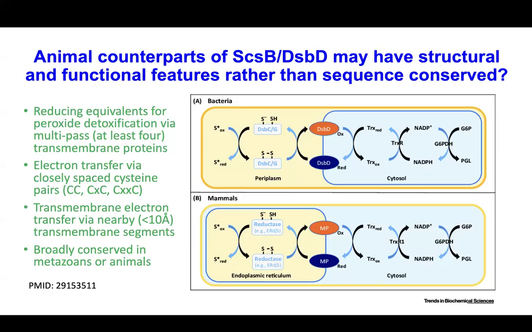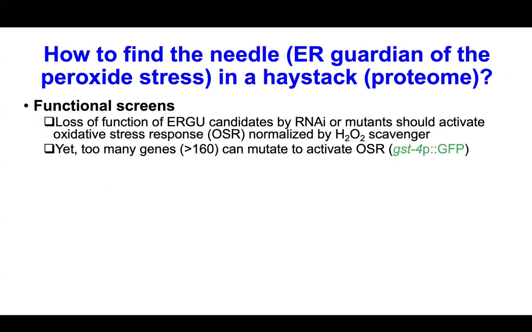So when we thought about different ways to achieve that goal, because our lab has been using C. elegans as a powerful tool to discover novel conserved proteins, we thought about a potential functional screen based on the activation of the oxidative stress response.